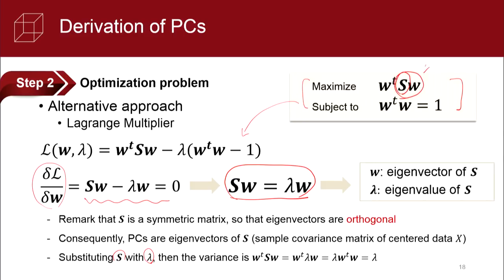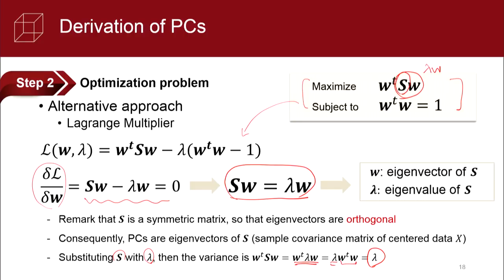And lambda is a constant. We can take it out front, and we have the unit vectors. So lambda represents the variance, and we try to maximize the variance.